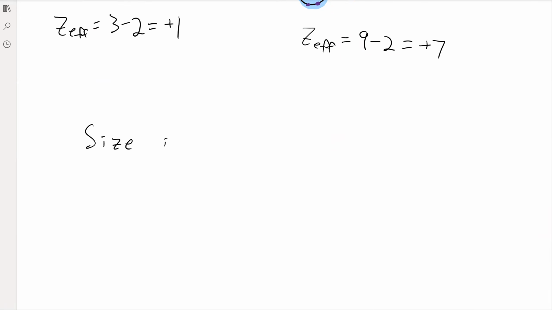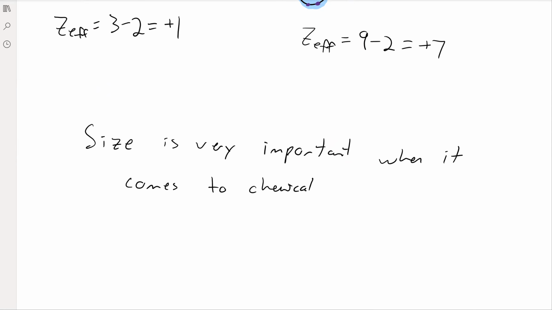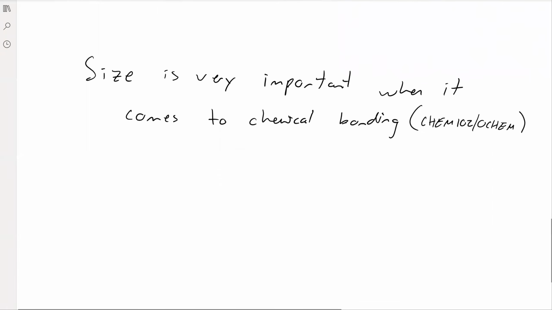So overall size is a very important component when it comes to chemical bonding. But it's something that's not quite as pronounced in the intro courses. So when you take like CHEM102, or really when you take OChem, then size will be a bigger factor. But for now, we're not going to focus on it too much.